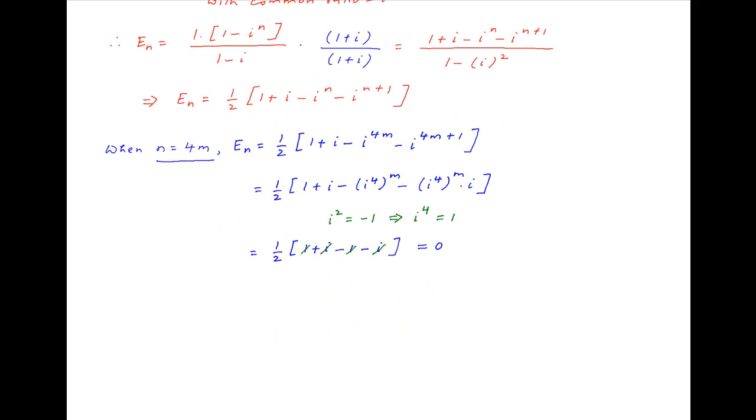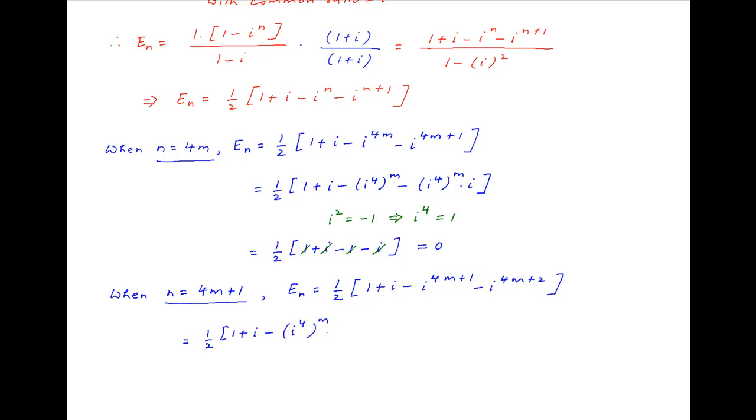Next, consider the case when n is equal to 4m plus 1. In this case, En is equal to half of 1 plus i minus i raised to the power 4m plus 1 minus i raised to the power 4m plus 2. This can be rearranged as half of 1 plus i minus i raised to the power 4 raised to the power m times i minus i raised to the power 4 raised to the power m times i square.